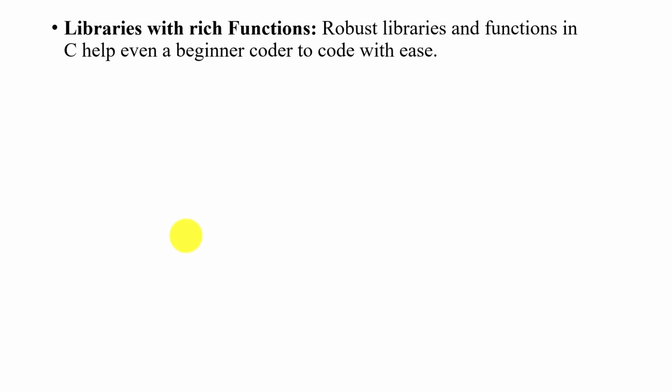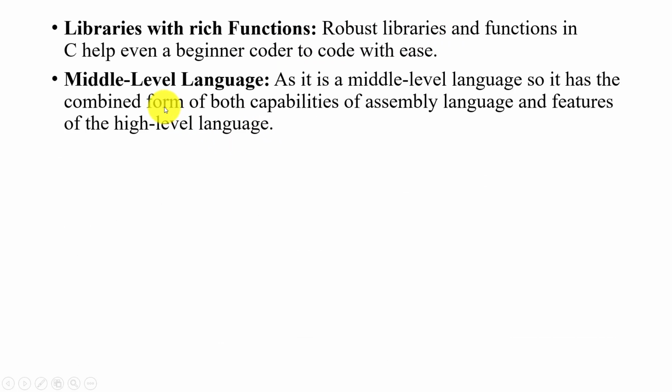Now the next feature is libraries with rich functions. C programming supports a number of libraries, that is, header files with inbuilt functions, so it provides robust libraries and functions. Next is middle level language.